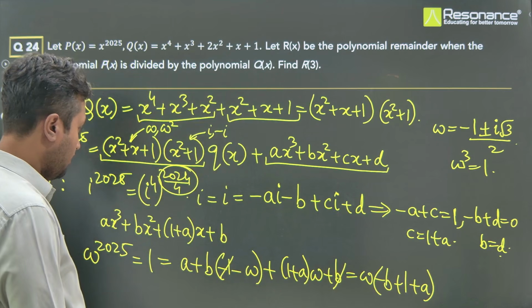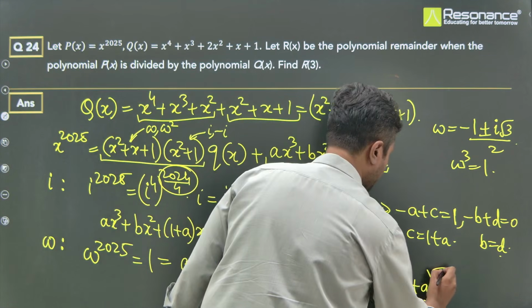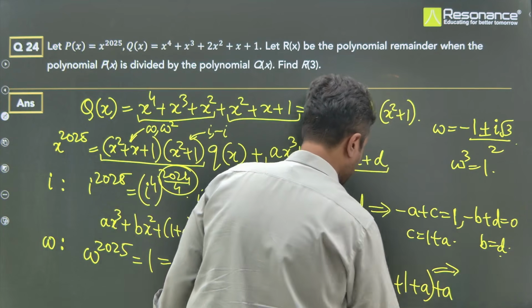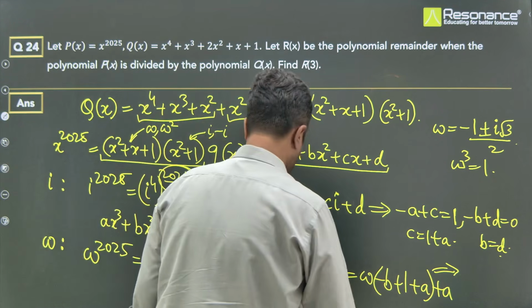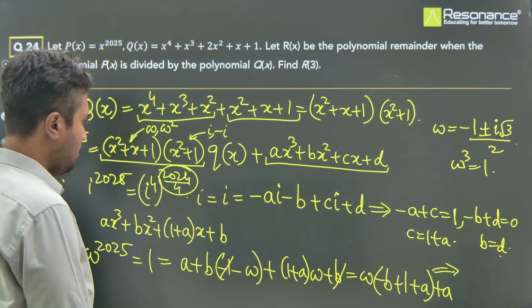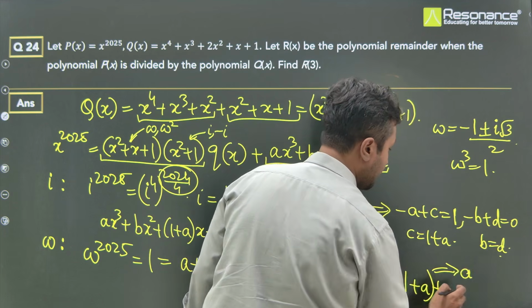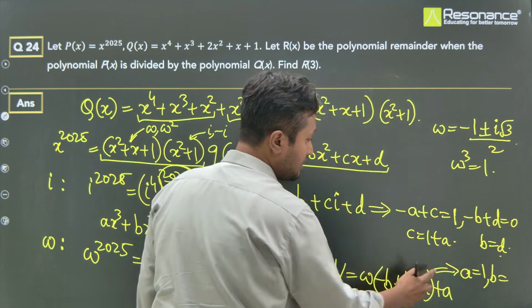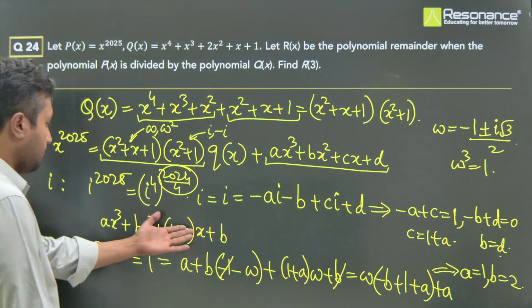So I guess we are only left with A equal to 1, right? Plus A. So this should tell us that A should be equal to 1, and yeah, so equating real and imaginary parts, we get A is 1 and B is 1 plus A, which is 2. So that fixes everything, right?